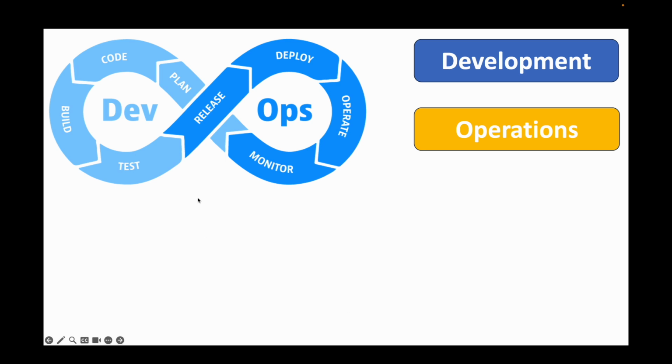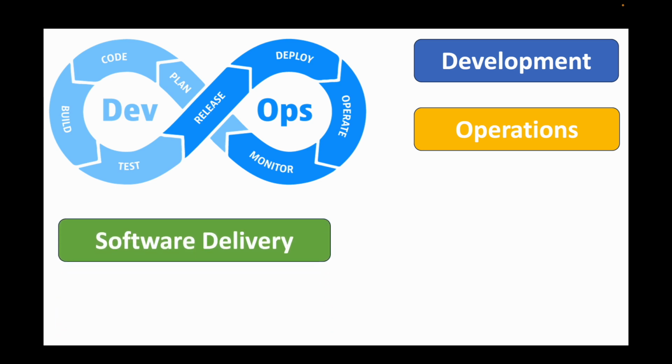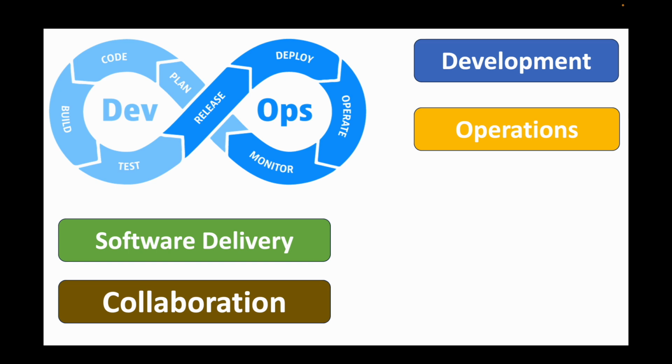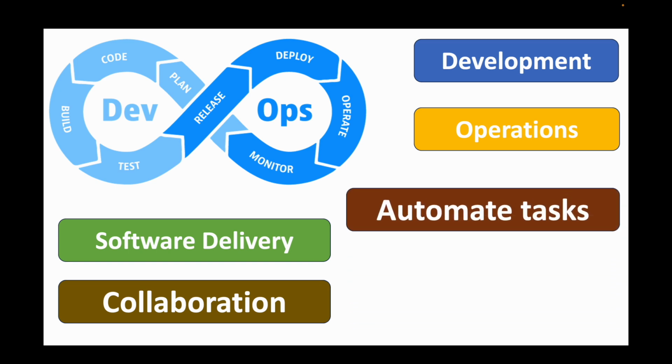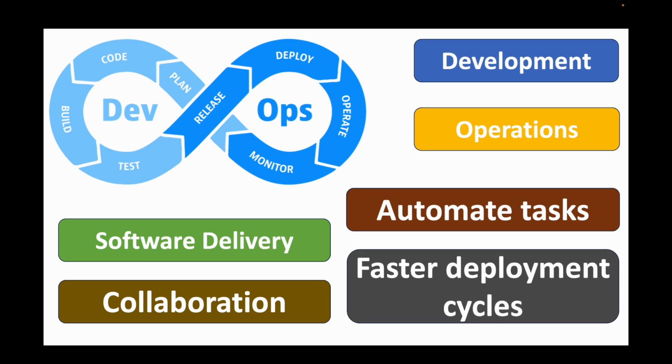Basically, DevOps is Dev from development and Ops from operations, with both teams working together to speed up your delivery process. The whole goal of DevOps is to improve the collaboration between the development team and the operations team, and automate any repetitive tasks, which ensures faster deployment cycles.